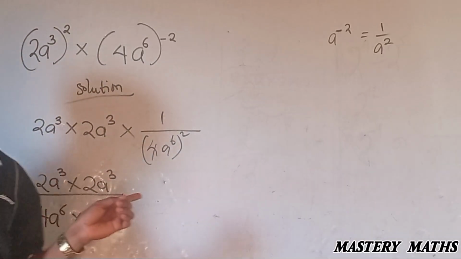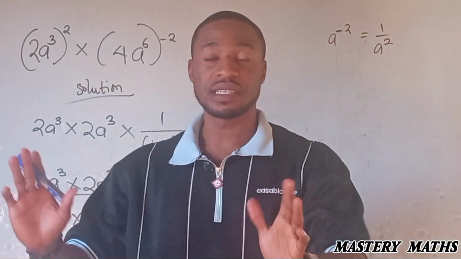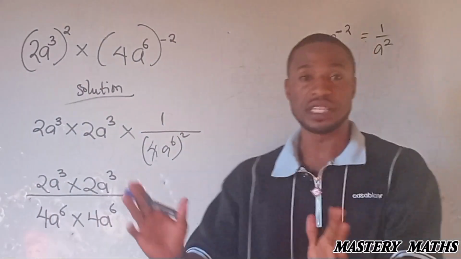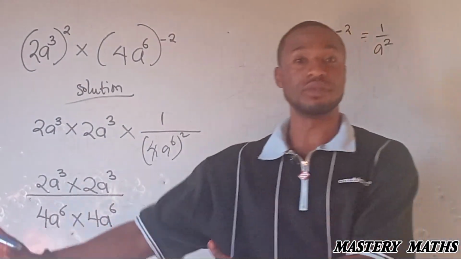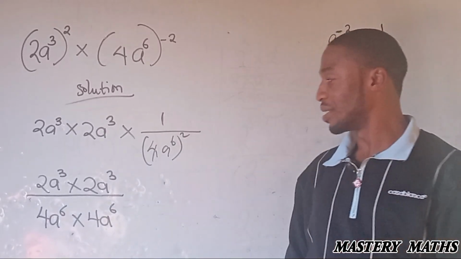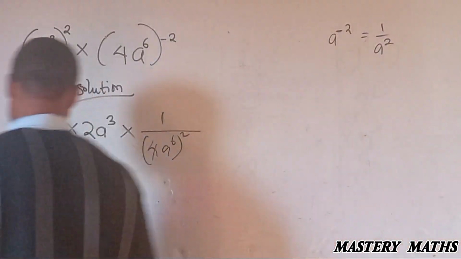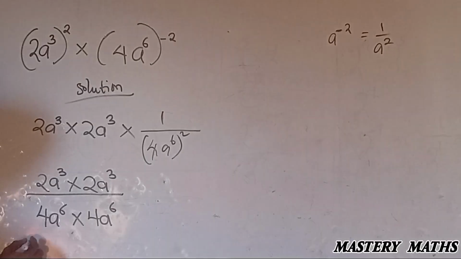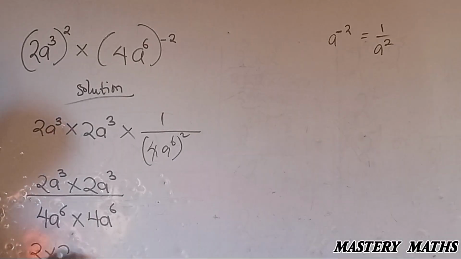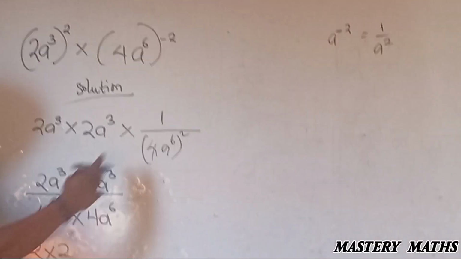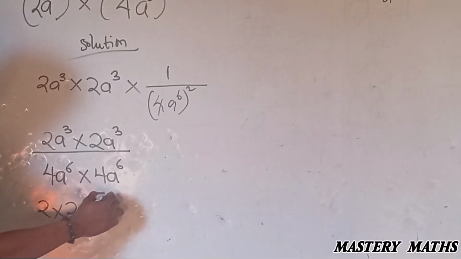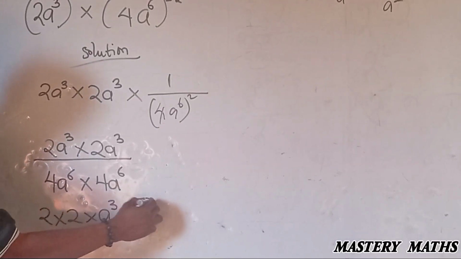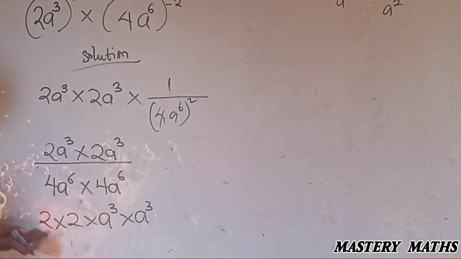Now, to make this very easy, we'll separate the coefficients and separate the variables. So here we separate the 2 by saying 2 times 2. Now the a's, we push them one side by saying a^3 times a^3.